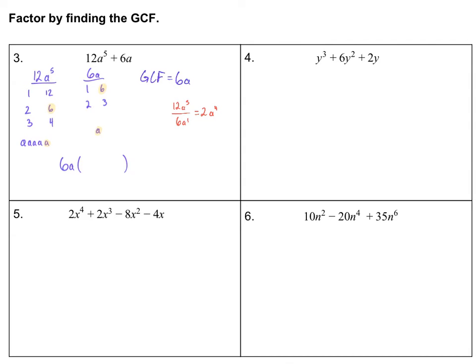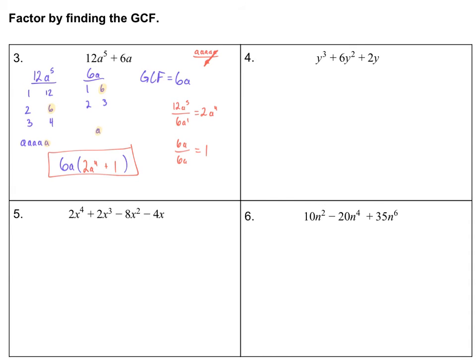Or when in doubt, expand it out: a times a times a times a times a on top over a on the bottom. 1 cancels on top and bottom, leaving us with 4. So 2a to the 4th. So that's my first filler. And the last one, 6a divided by 6a is just 1. So plus 1. And there is my factored form.